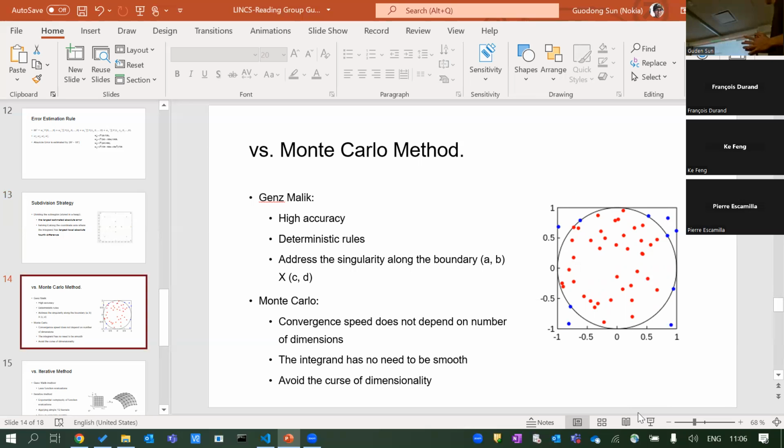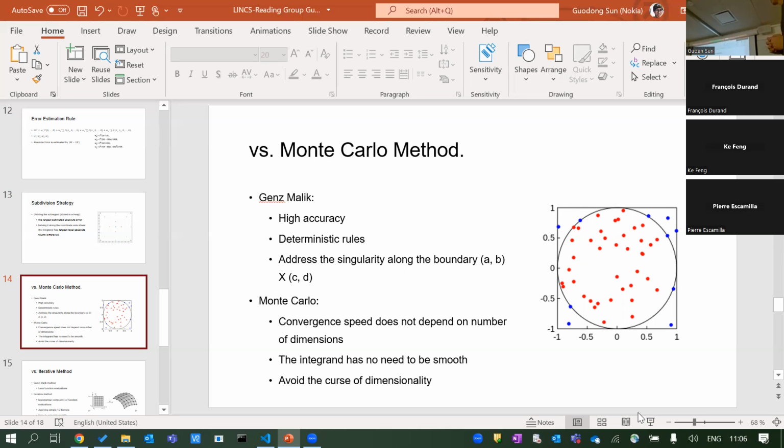One is the Monte Carlo method, where you define a function and then randomly generate points in this domain and compute the values. Then the integration is the expected value of the values you generated.